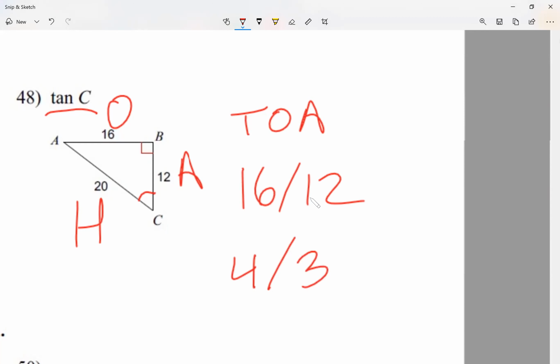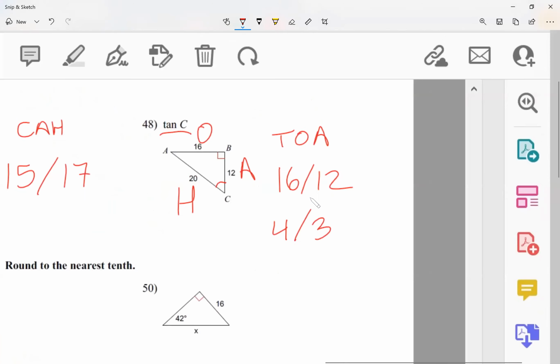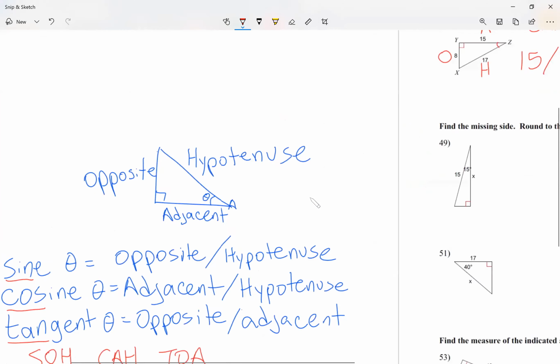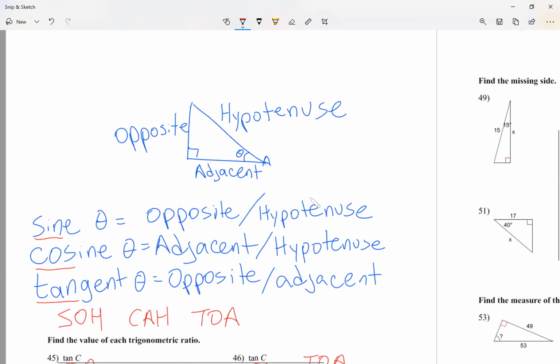Again, simplify your fraction if you can. So I have another question on the chat. It says, so the letter that's being asked will be the angle? Exactly. The letter that we have after sine, cosine, or tangent, that's the angle. So let me zoom out here. Let me come back to the beginning of our lecture here.